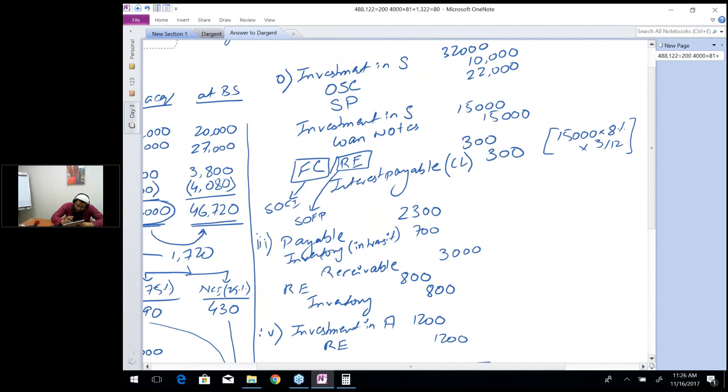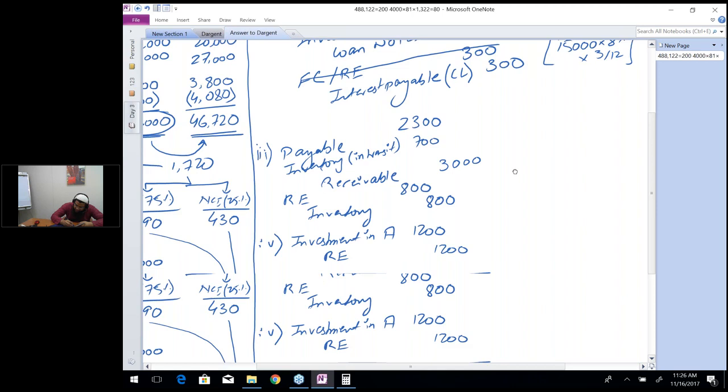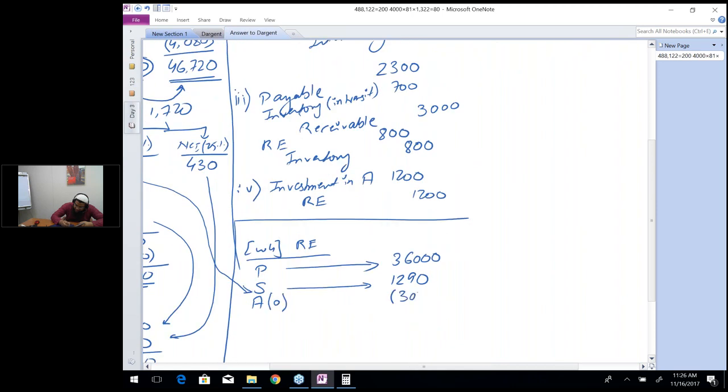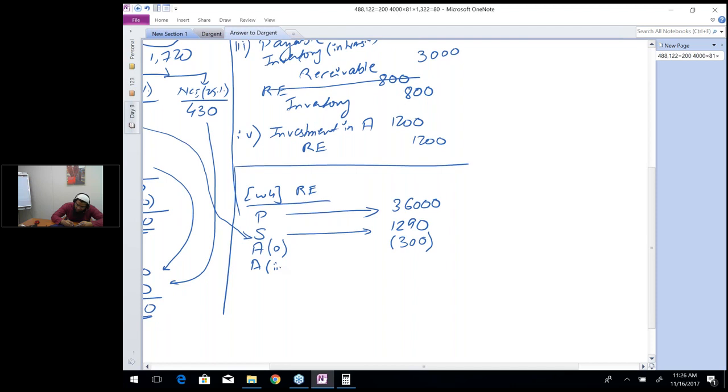In adjustment number 1, we have debited the retained earnings by 300. Debit retained earnings would actually reduce them. So adjustment number 1, debit retained earnings, minus 300. And then adjustment number 3, debit retained earnings by 800. So I'm giving reference to the examiner. These values have been taken from this adjustment number.